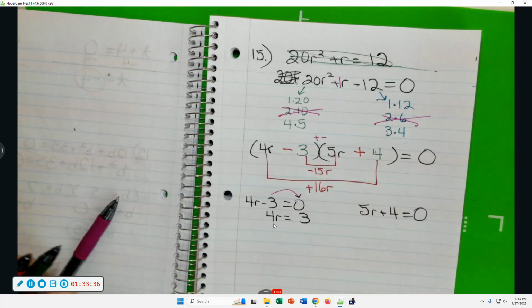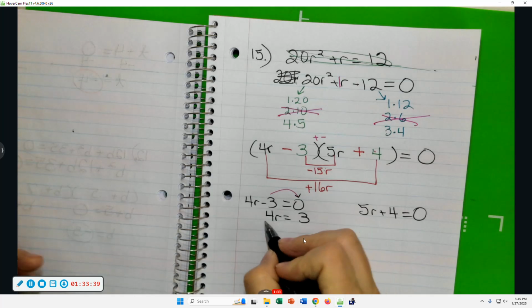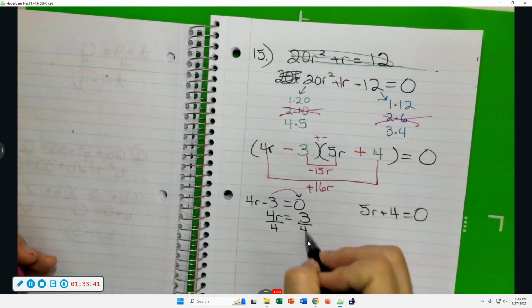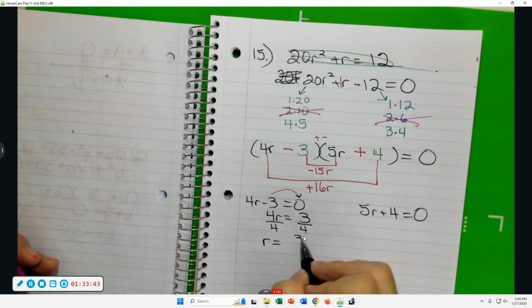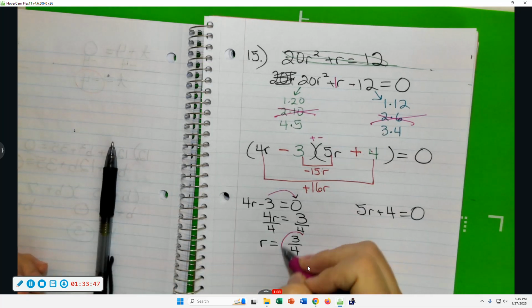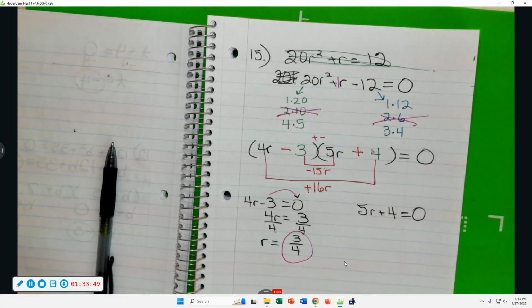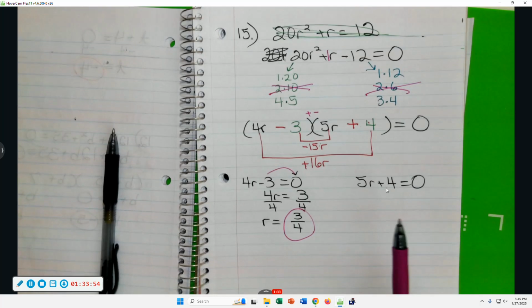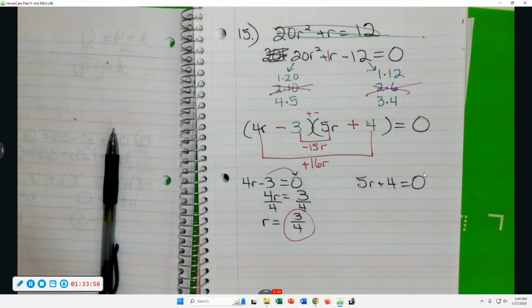And then divide by 4. You see that algebra that you think you learned years ago and you don't remember it? Well, you remember this. So there's my first answer, 3/4. Right over here, what are we going to do? Minus 4.